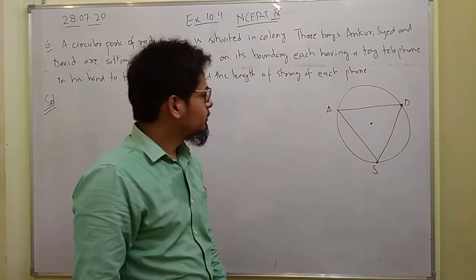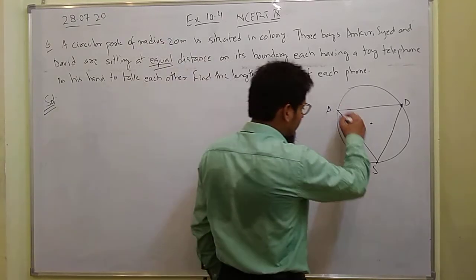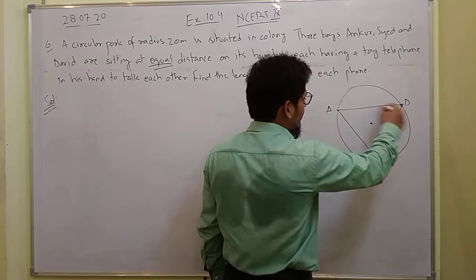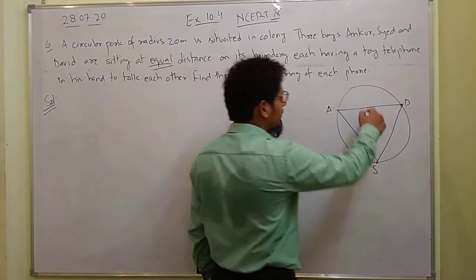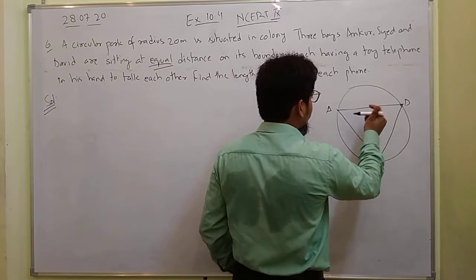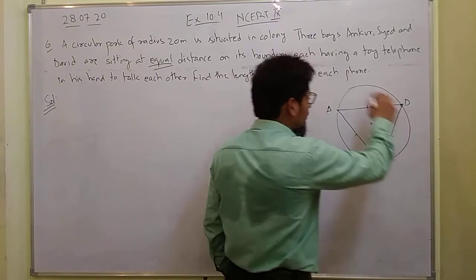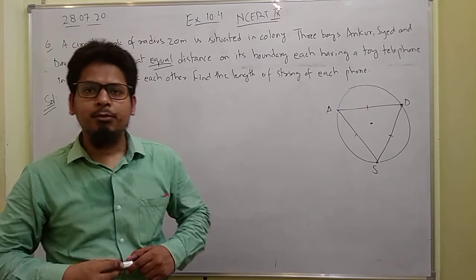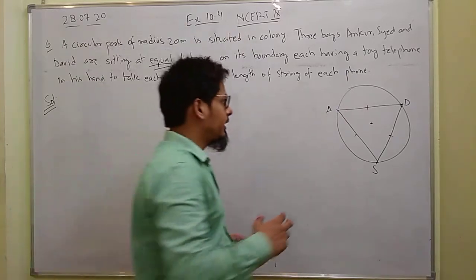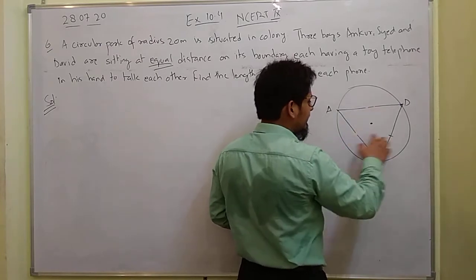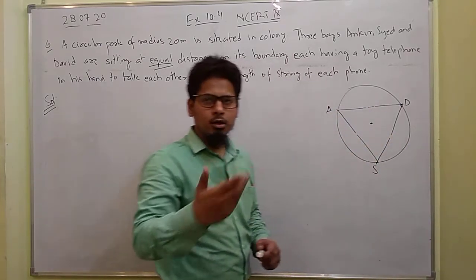We have to find this. So class, these are the sides of the triangle, and you know all sides are equal to each other. Then we say it is an equilateral triangle, in which all sides are equal. And if we find any one side, this will be the required answer.